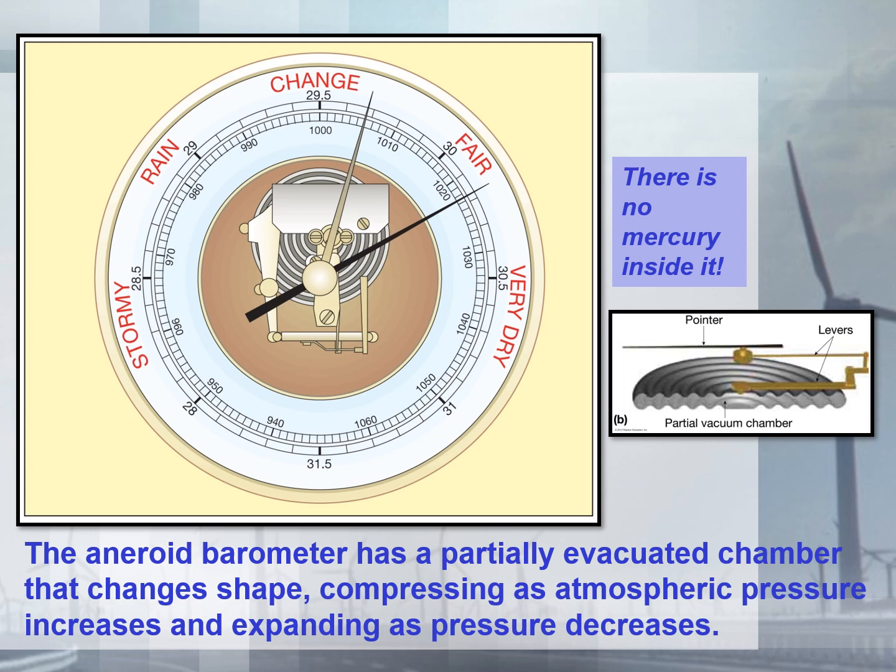So not only can you get a reading from this machine in a couple different units, but it also corresponds to stormy, cold front moving in, and a violent thunderstorm, rain, a warm front has moved in. Changing, fair weather, high pressure, blue sky, some cumulus clouds, and then very dry.